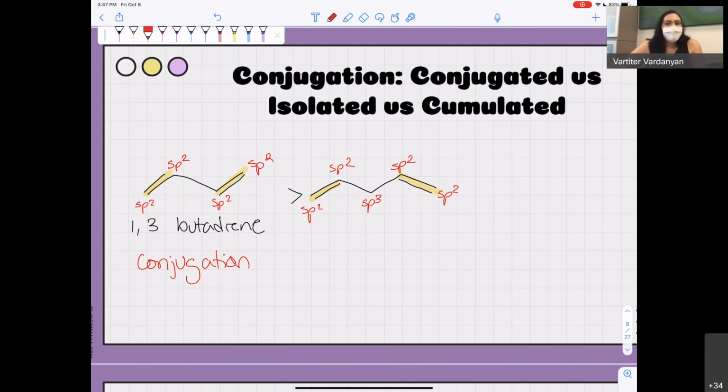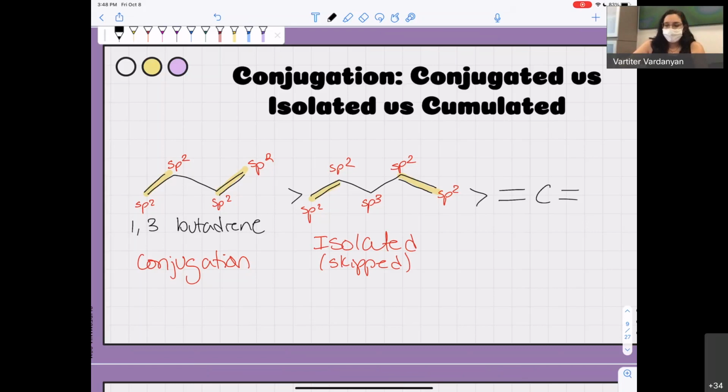So you can't have your electrons flowing throughout the whole molecule. So we call this isolated. Okay, if you're in Roche's class, I guess he calls it skipped. Sure. And then that's meh. It's whatever.